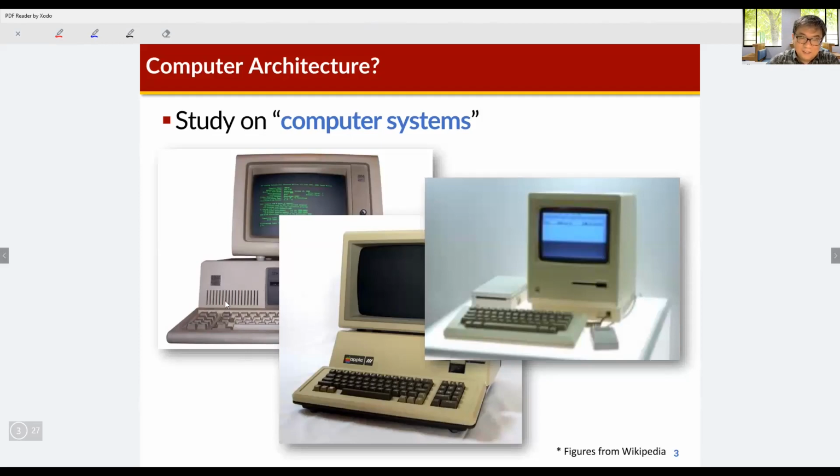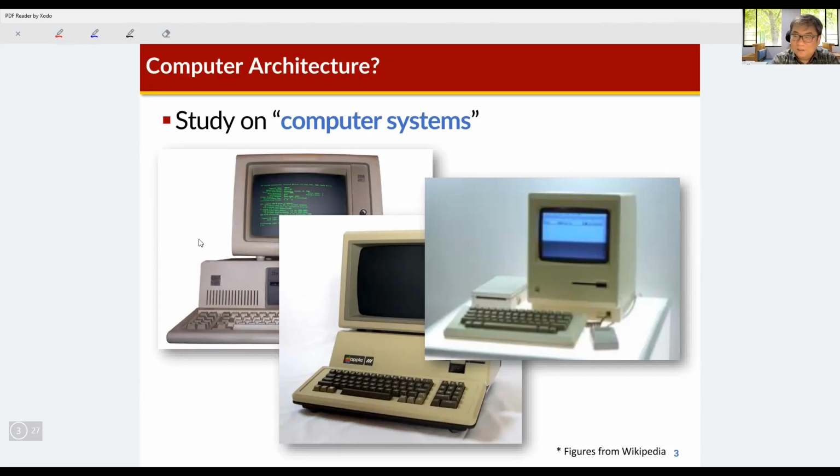I think this is the first personal computer developed by IBM. The personal computer was developed by IBM, but IBM does not work mainly for personal computer systems.